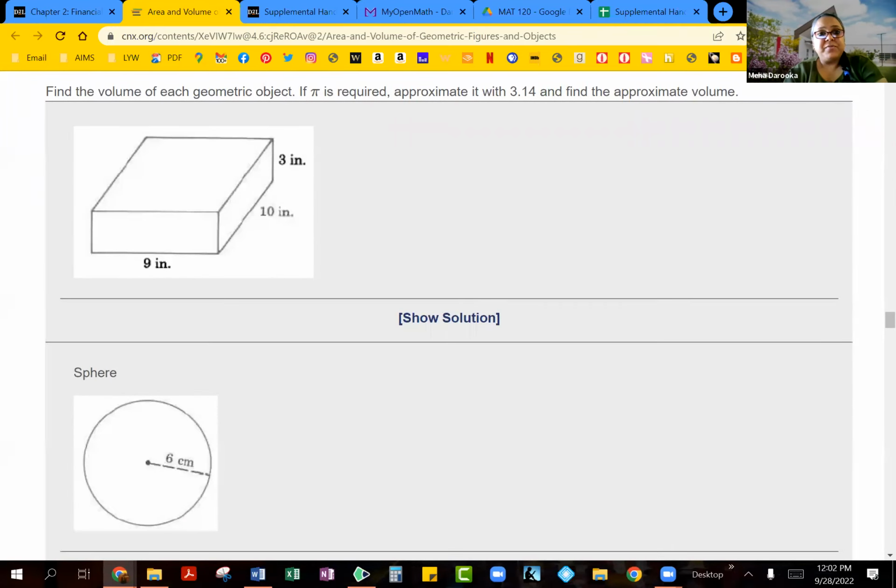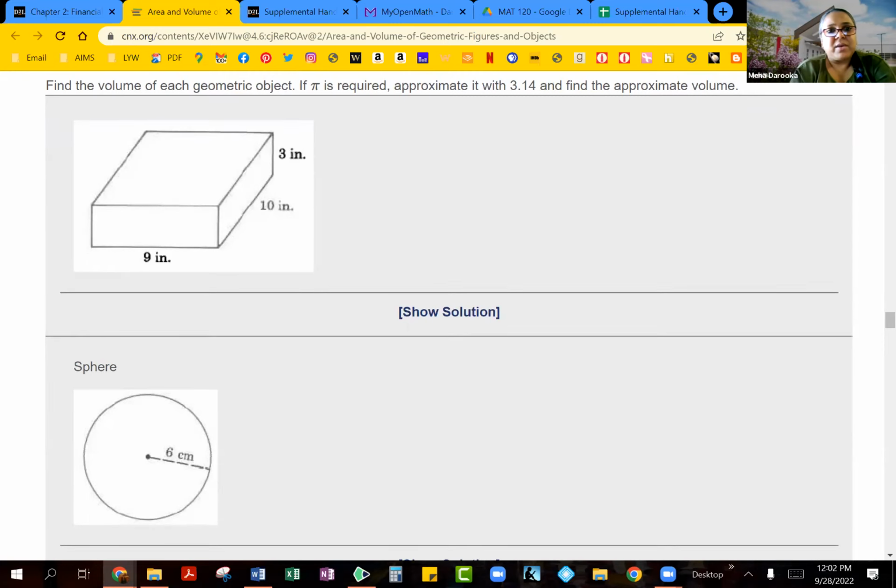They're telling us to find the volume of the geometric shape. We are finding approximate volumes, and we're keeping our pi value at 3.14. So let's see how we can work through these examples. This would be the volume of a rectangular solid. Like I said, think about a box. So this is length times width times height.